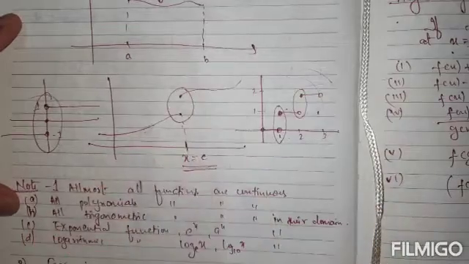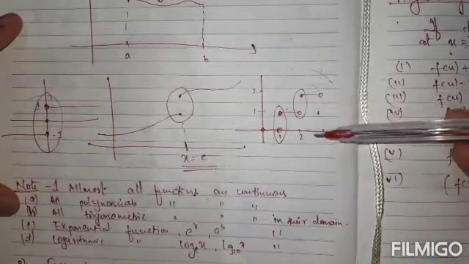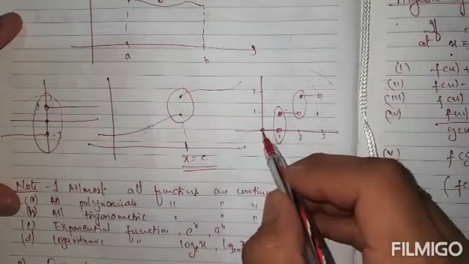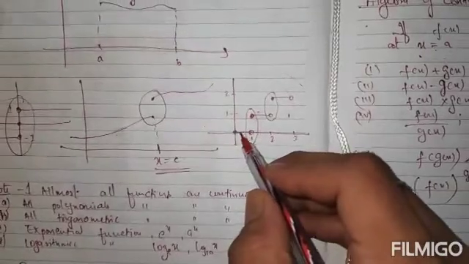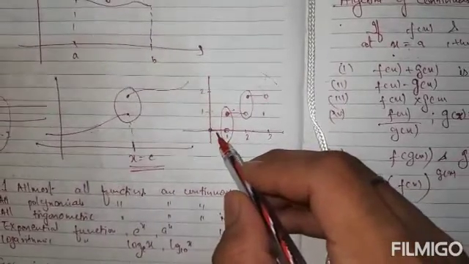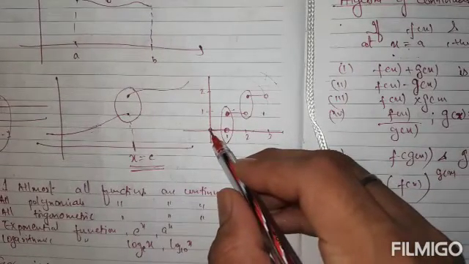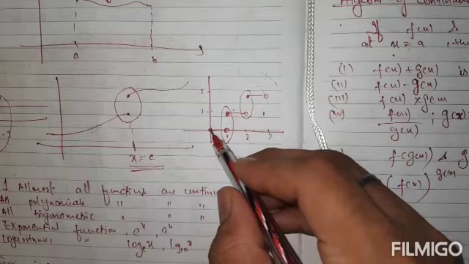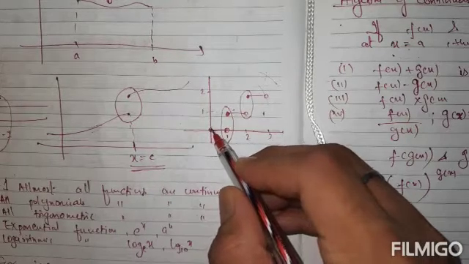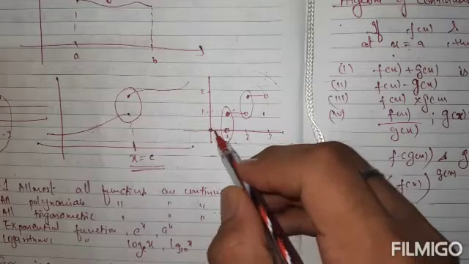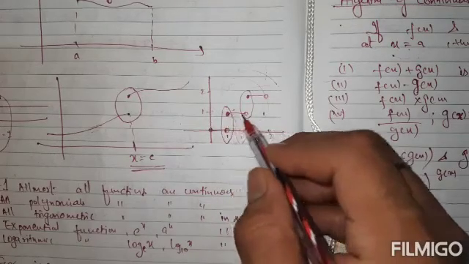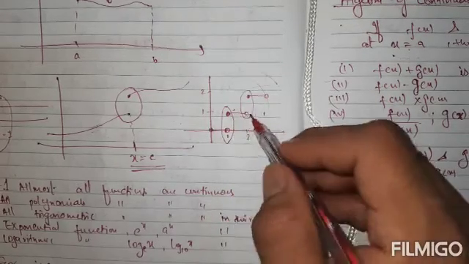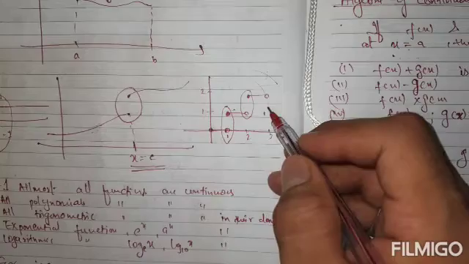Another example of a discontinuous function is the greatest integer function. Students, you know that the graph of the greatest integer function is of this type. Here you can see that the value of f(x) is always 0 for x lying between 0 to 1, always 1 for x lying between 1 to 2, always 2 for x lying between 2 to 3.